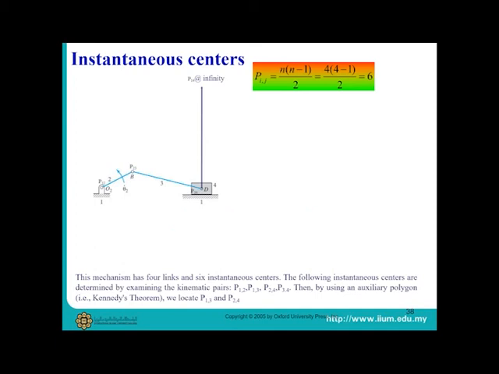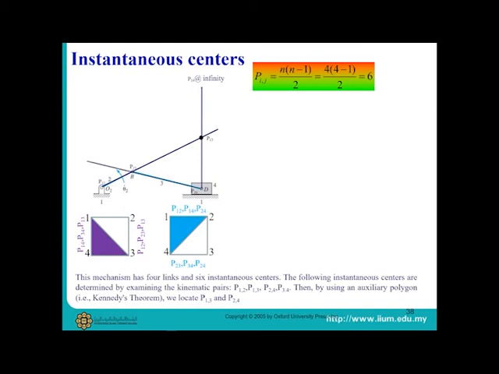To find another 2 instantaneous center points, Kennedy's theorem is used. Point P13 is found by having a line connecting P12 and P23 as well as a line connecting P14 and P34. Point P24 is found using a line connecting P23 and P34 as well as the line P12 and P14. You have to remember that P14 is at infinity.